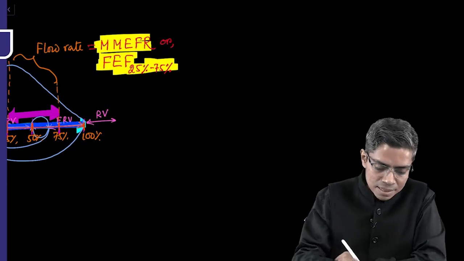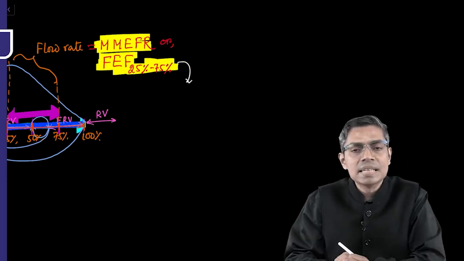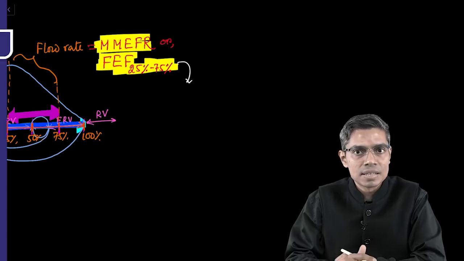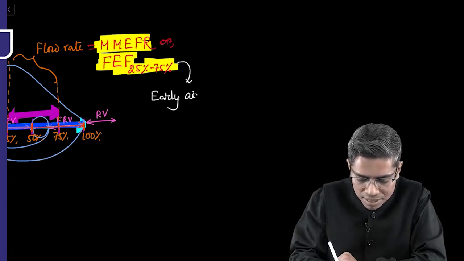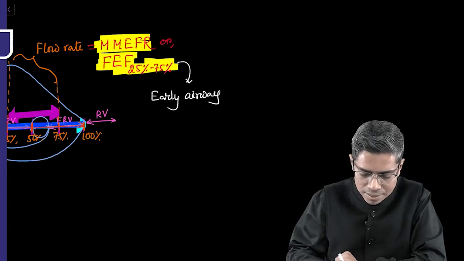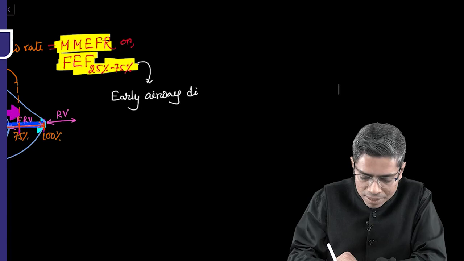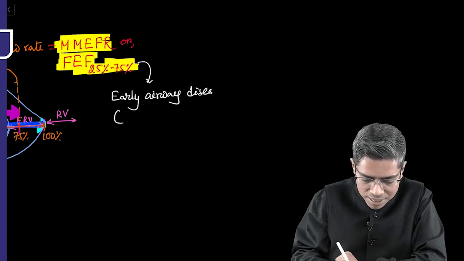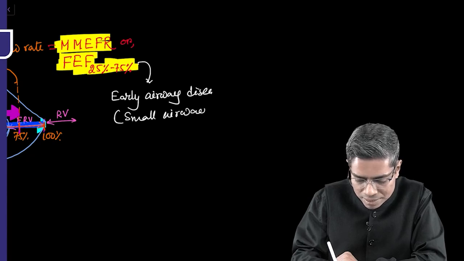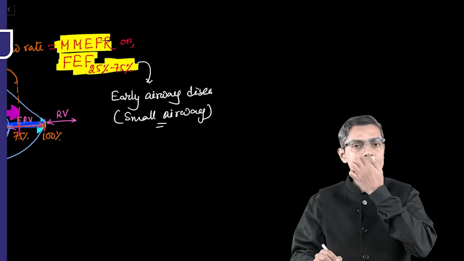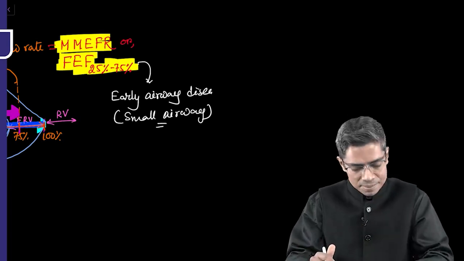Remember, this is a very sensitive indicator of early airways diseases, particularly the small airways. So what I'm saying, this is an indicator of early airway disease, right? Okay, particularly the small airways disease, a very sensitive indicator of small airway diseases. Early stage of disease also, this parameter will be different.